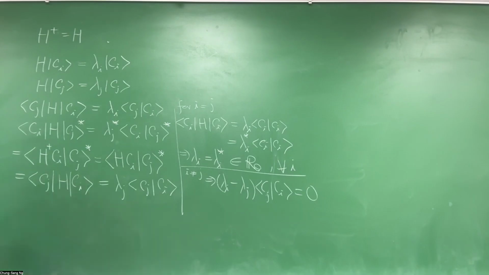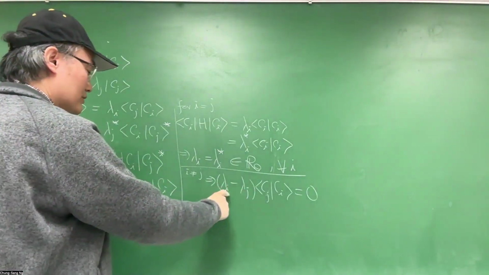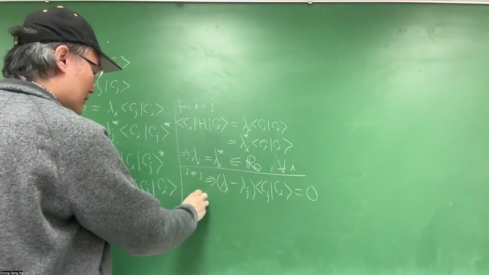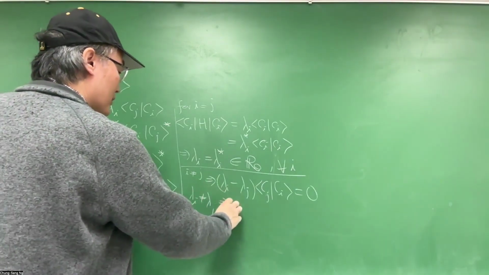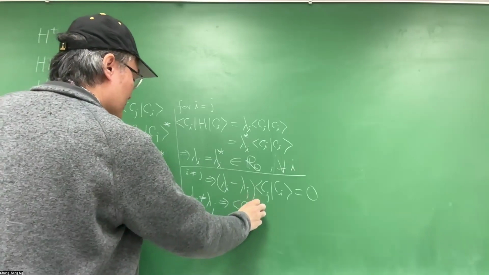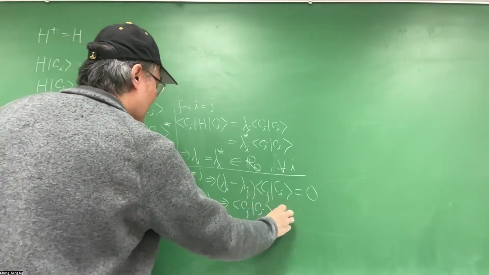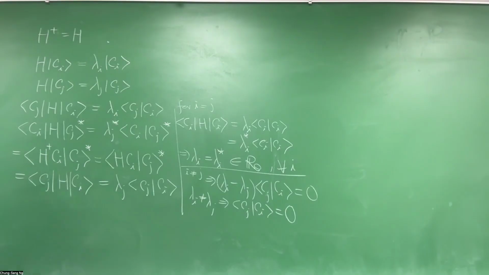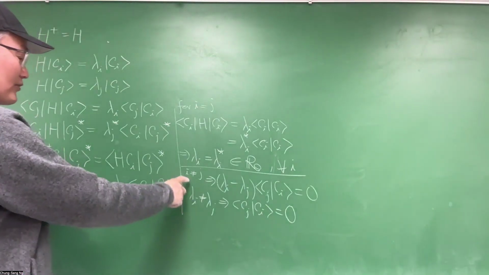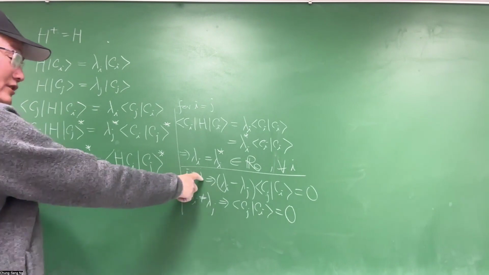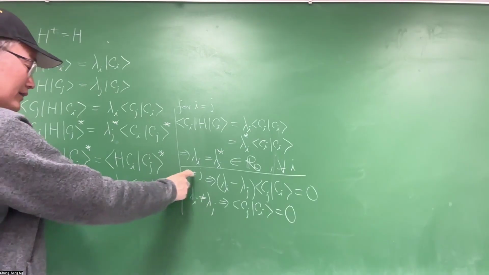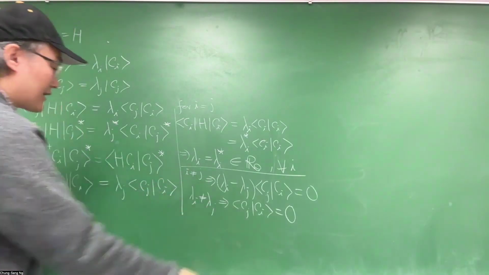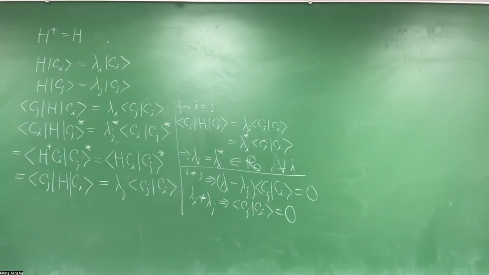Now consider the non-degenerate case. If lambda_i not equal to lambda_j, that implies (c_j, c_i) is 0. So the second conclusion is if the eigenvalues for i and j are not degenerate, then for i not equal to j, the eigenvectors are orthogonal.